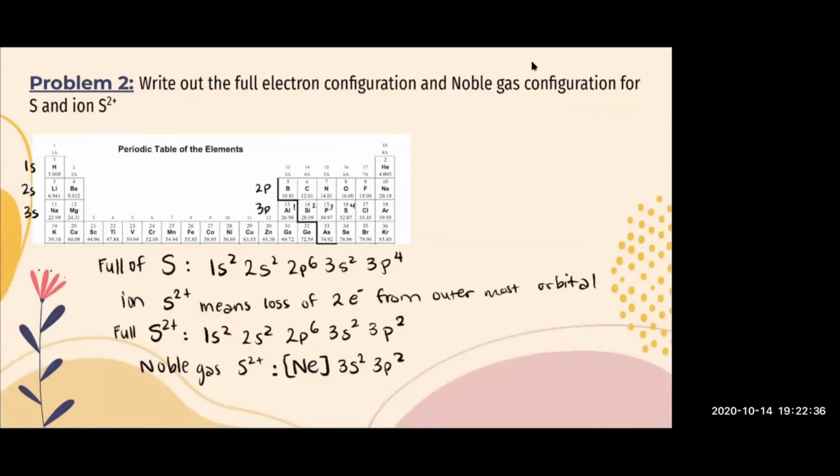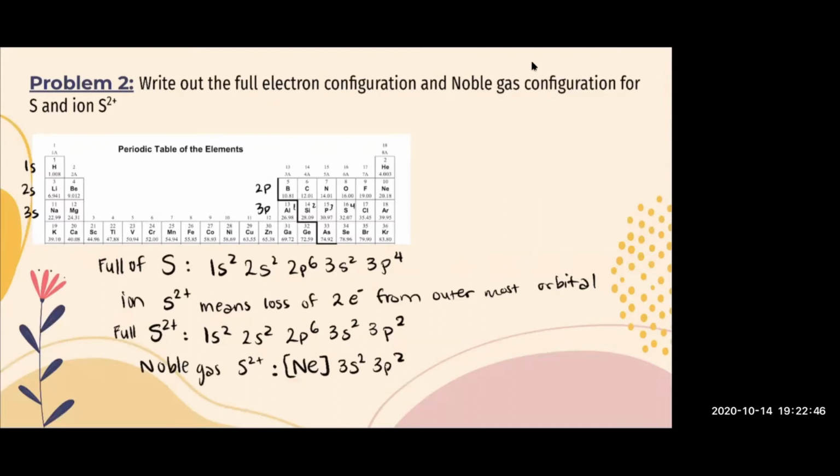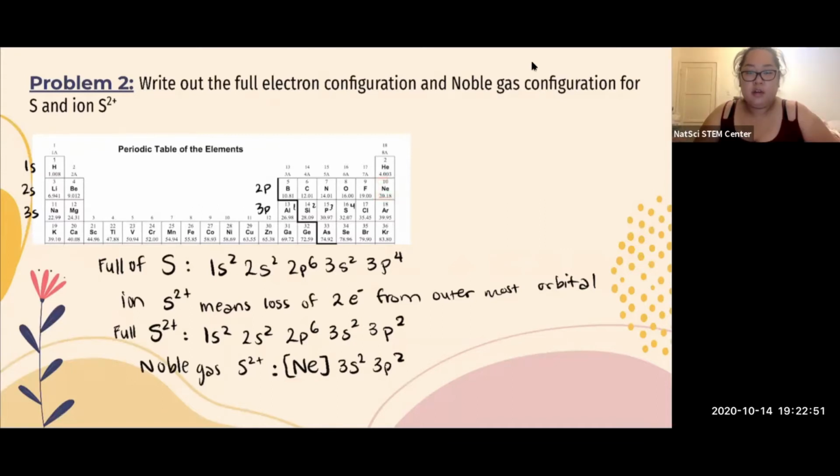Oh yeah, I have a question. Can you explain one more time for the noble gas, please? Yeah, so for the noble gas, you take the noble gas in the row before your element.